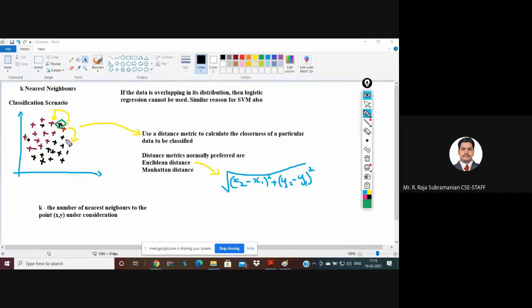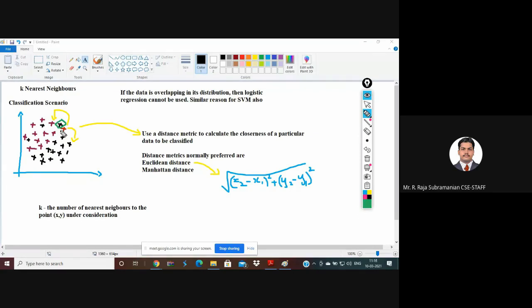It simply says this point is far from this whole set, so it is an outlier. It is impure, but there is no evidence to say whether this particular point is an outlier or not. So before considering whether any point is an outlier, we cannot have any proof. That is where logistic regression, decision tree learning, and SVM are going to fail.